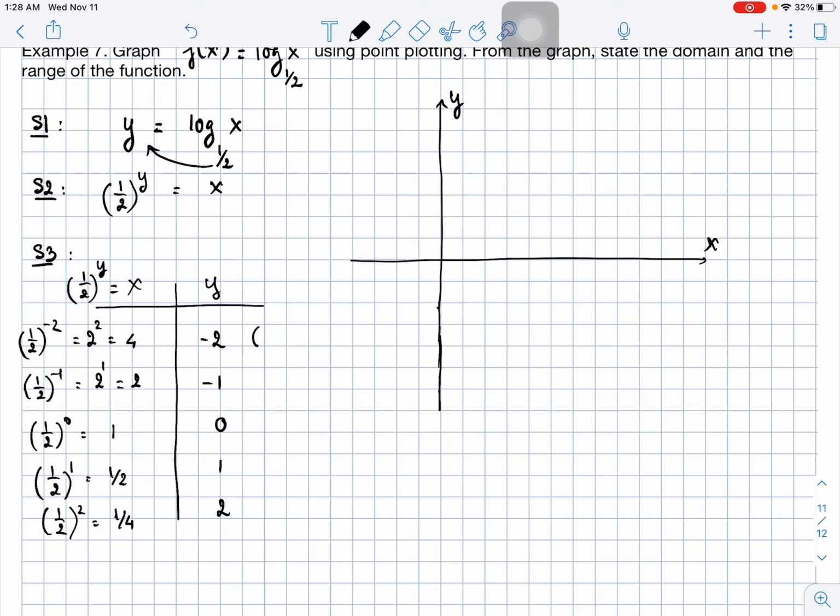Okay. Then the points we make will be x, y: 4, -2; 2, -1; 1, 0; 1/2, 1; and 1/4, 2. We will plot those points on the xy coordinate.